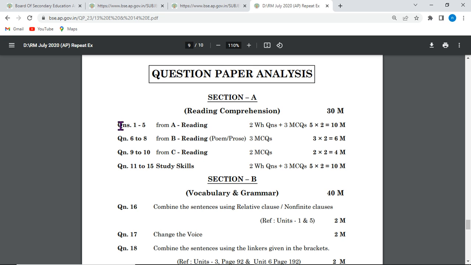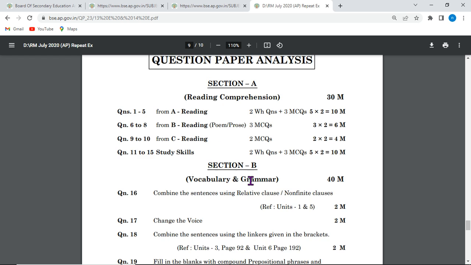Question number 1 to 5, reading A, 2 questions and 3 multiple choice questions equaling 10 marks. 6 to 8, poem or prose, 3 multiple choice questions equaling 6 marks. 9 to 10 from reading C, 2 MCQs equaling 4 marks. And from question number 11 to 15, study skills having a poster or any other discourse, 2 WH questions and 3 multiple choice questions carrying 10 marks.